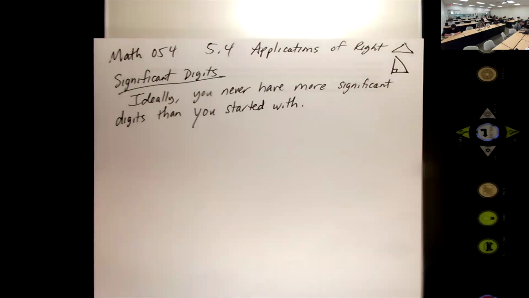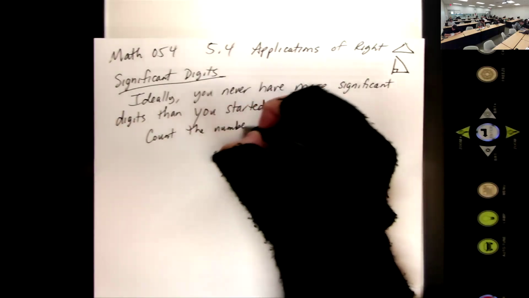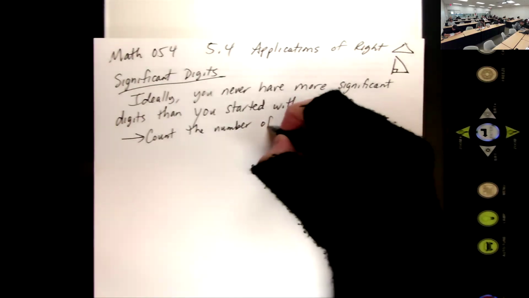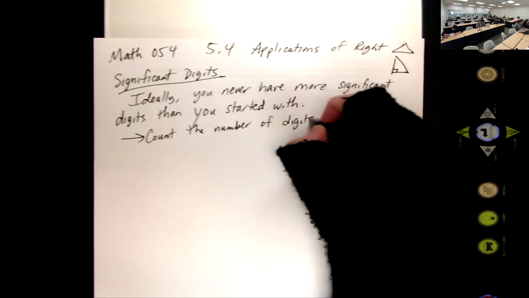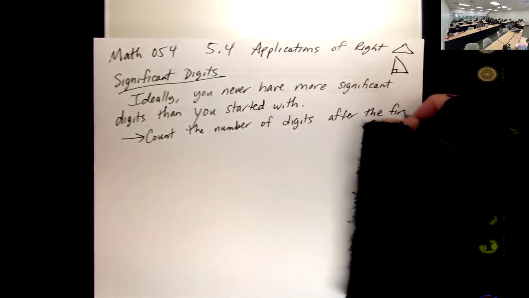So significant digits is like count the number of digits after the first non-zero digit.